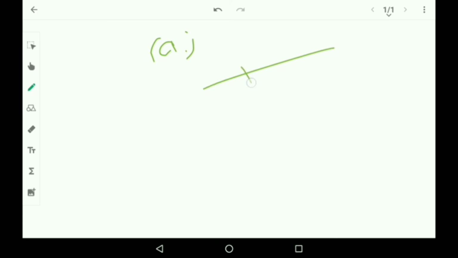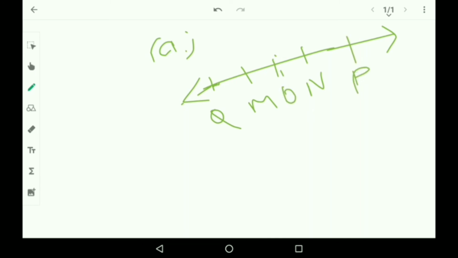The first one is, they've asked if the points Q, M, O, N and P are points on the line MN. M is here. And they've said it is a line, so both ends will be continuing. This is the same line they have mentioned.